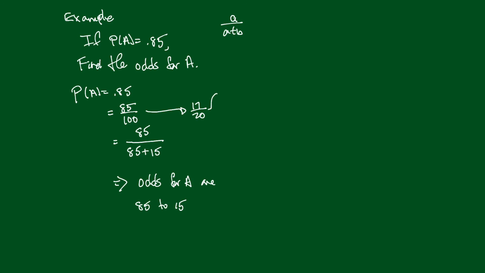So I'm going to claim now that the odds for A are, okay, what do we write here? 17 over 17 plus 3, so 17 to 3. That's just easier to get a grasp of than this down here.